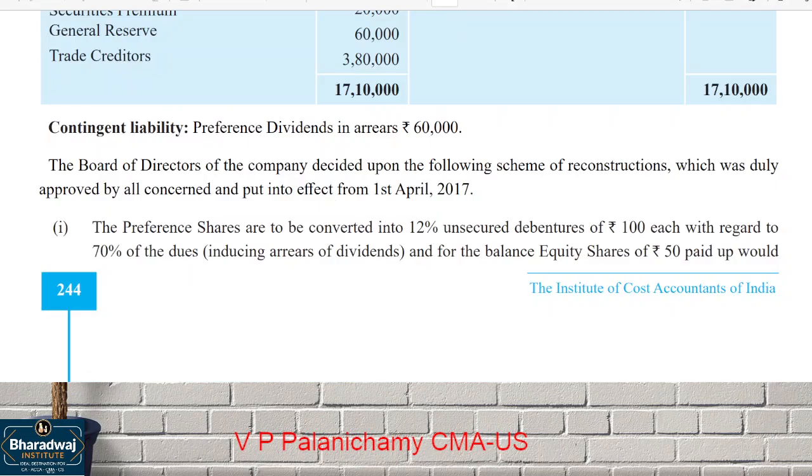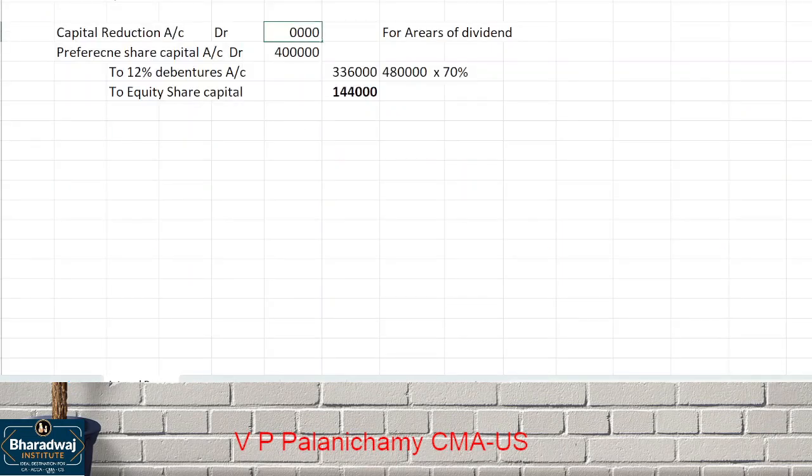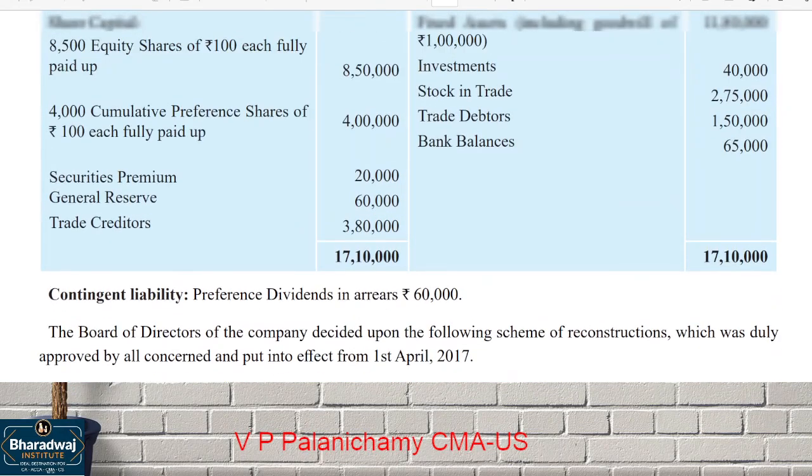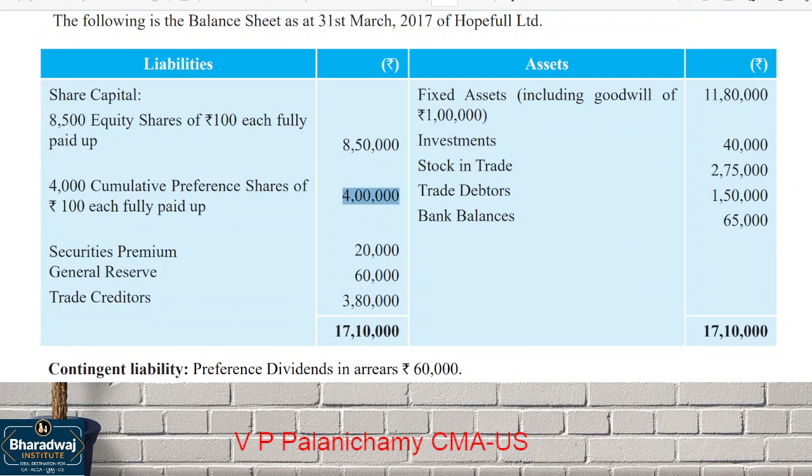Then I made a mistake. 60,000 is 4,60,000 into 70%. Then, so that is about the preference shares.